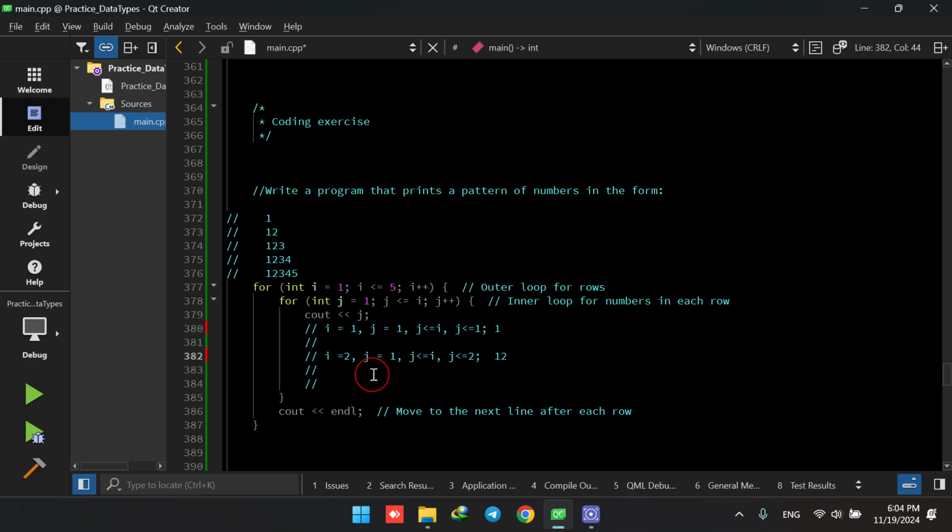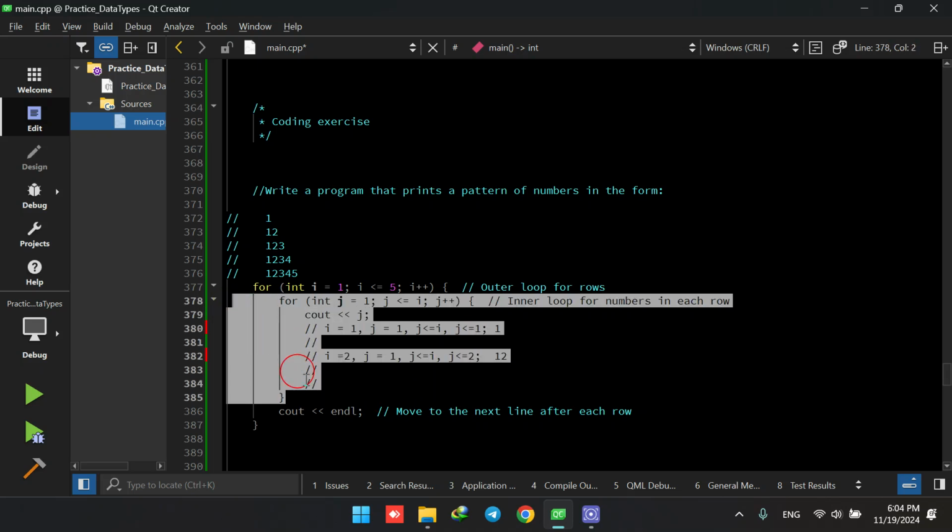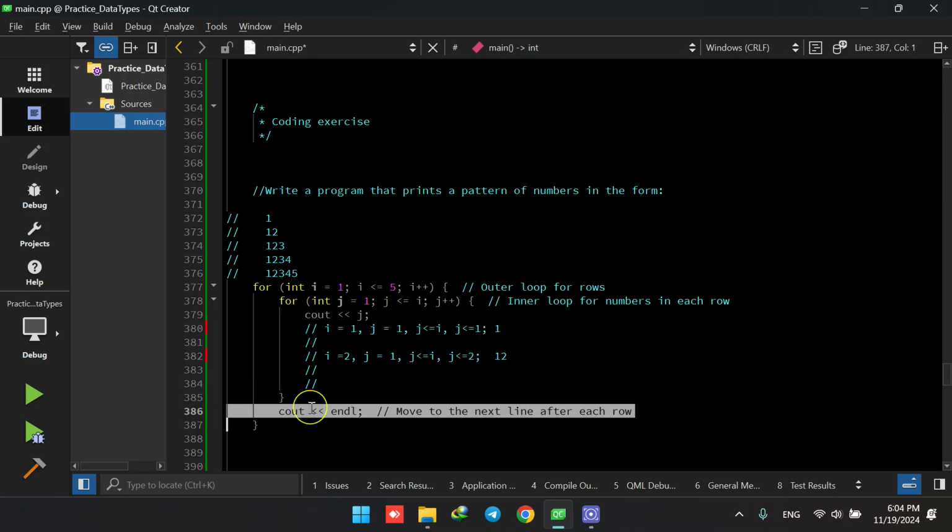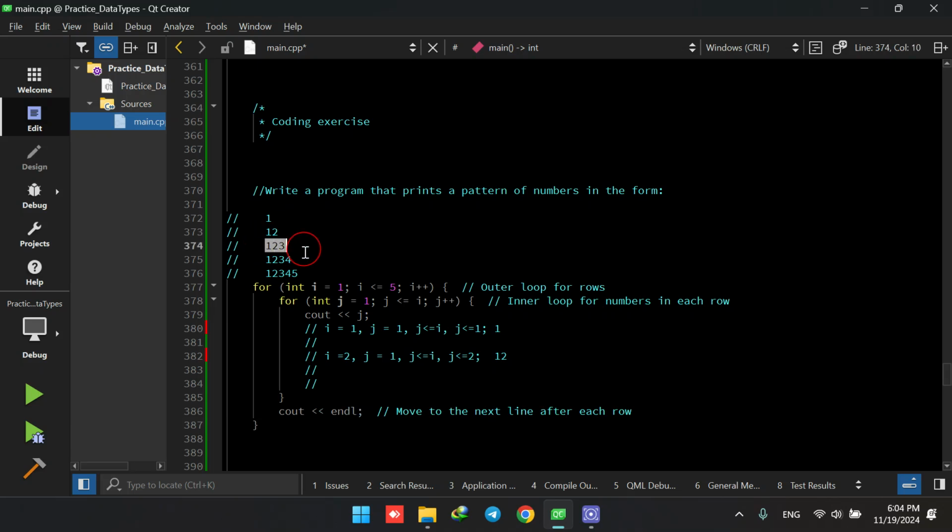When it prints 2, it reached its upper bound, which is equal to I. So I is 2 and it reached 2, so the inner loop is finished. It goes to the next line here and starts from here.